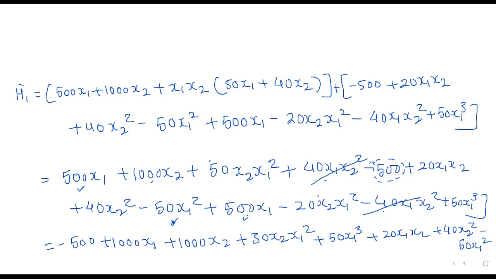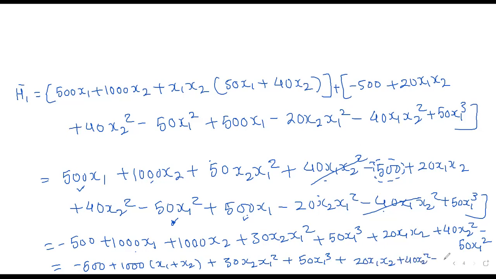Okay, so we finally generalize. Let me do this here. One thing is 1000 x1, 1000 x2, so minus 500 plus 1000 x1 plus x2, plus the rest we put as it is: 30 x2 x1 square plus 50 x1 cube plus 20 x1 x2 plus 40 x2 square minus.